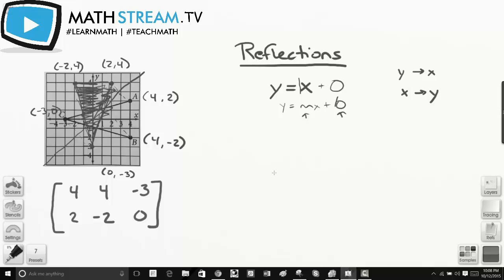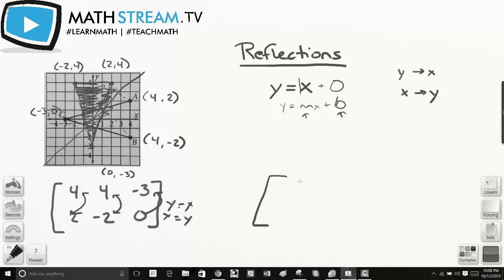And I was able to quickly do it by saying that each point, a reflection in y equals x, is going to turn y into x and x into y. Well, look how I can do that simply using a matrix. I could take each x and y and just flip the values. Make y equal x and make x equal y. And what happens when I do that?